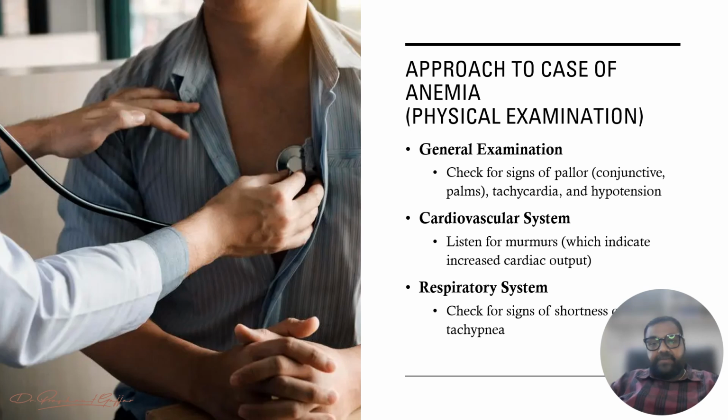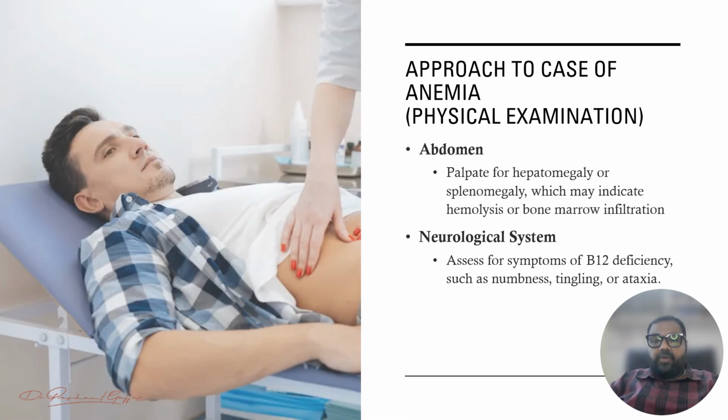So we have to listen for murmurs, which indicate increased cardiac output. We have to check the respiratory system for signs of shortness of breath or tachypnea, right? Then examination of the abdomen. So we have to palpate for hepatomegaly or splenomegaly, which may indicate hemolysis or bone marrow infiltration.